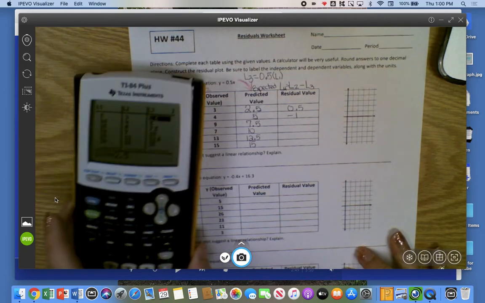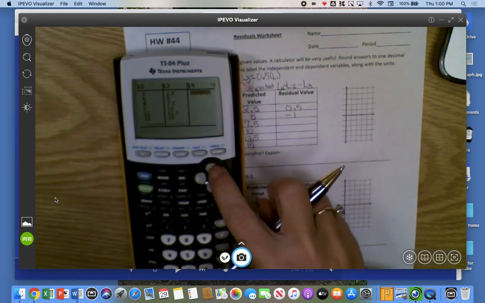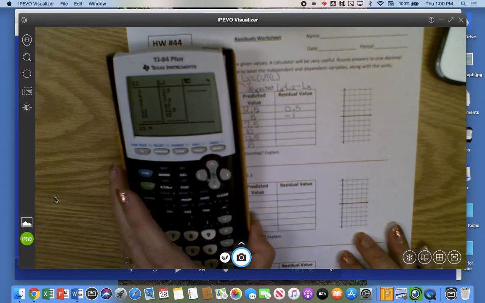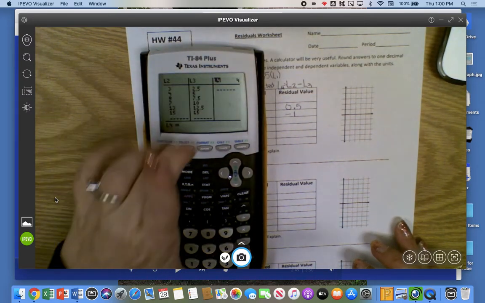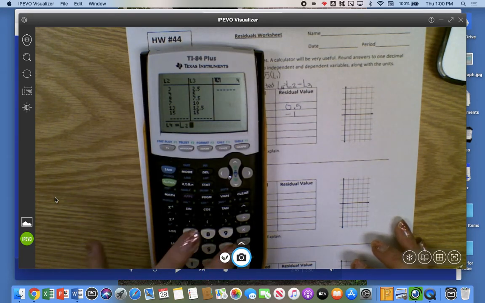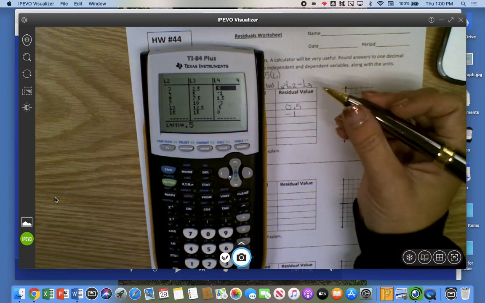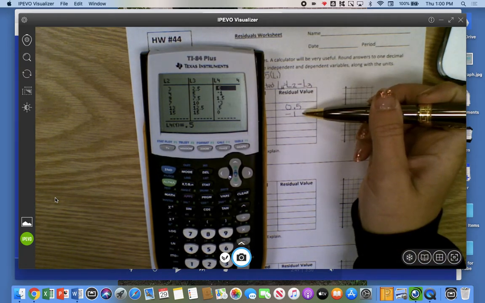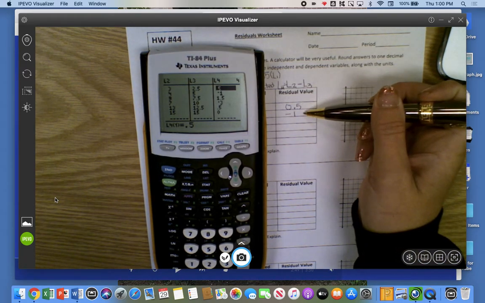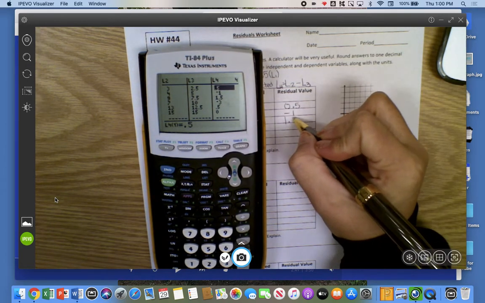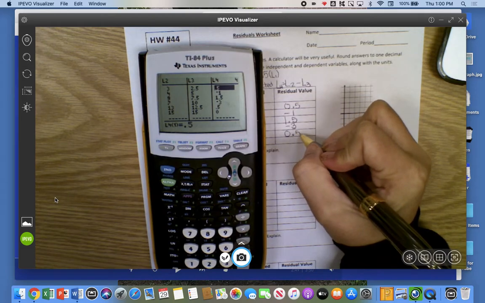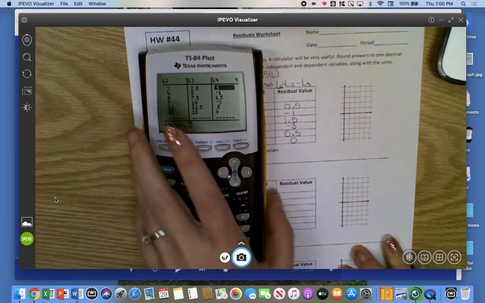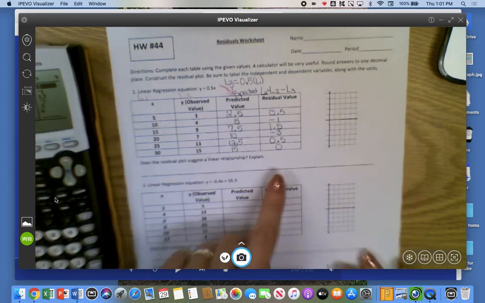You could do this by hand, but I want to review the calculator. Especially if there are crazy decimals, you go into L4 and take L2 minus L3 and hit enter, and it spits all those out for you. You can see the 0.5 and -1 that we did by hand still show up. And for the remainder, just to save you calculations, we have this. These are the residuals.